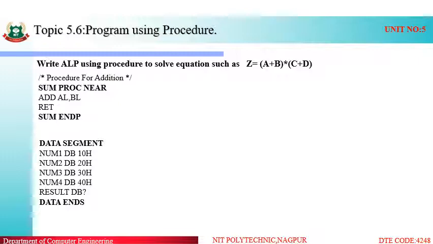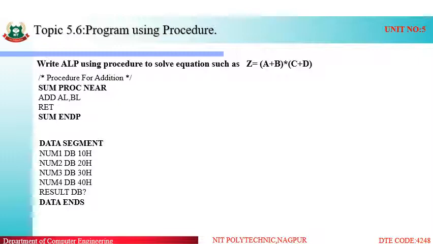These will correspond to a, b, c and d. The result variable we have taken as dw because the multiplication of these 8-bit variables will be 16 bit. And we have ended the data segment.